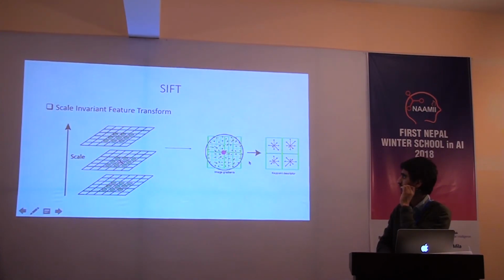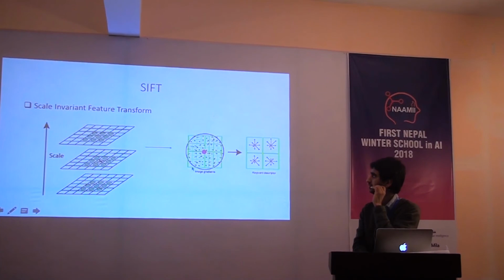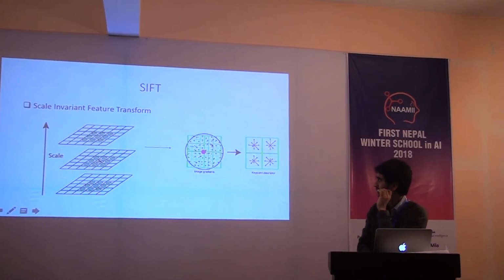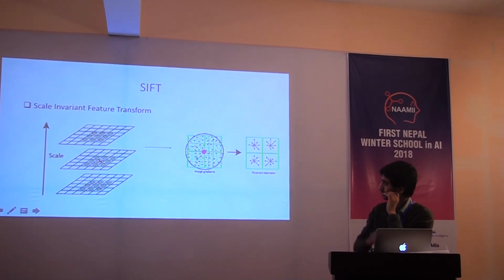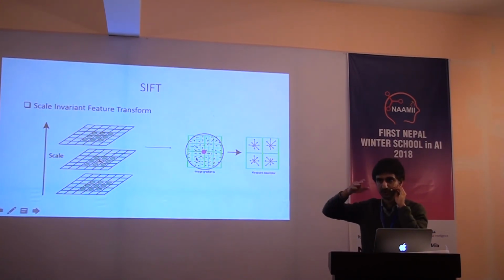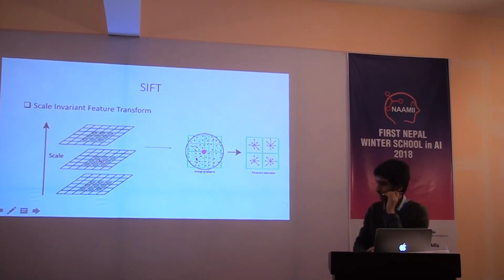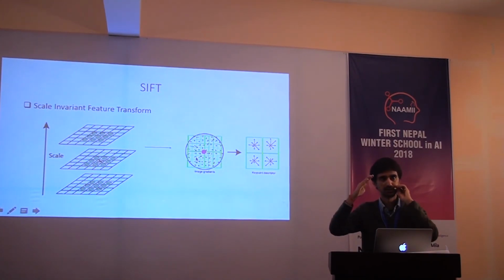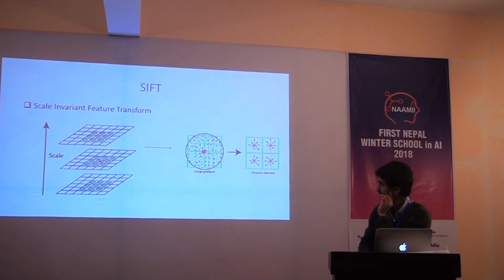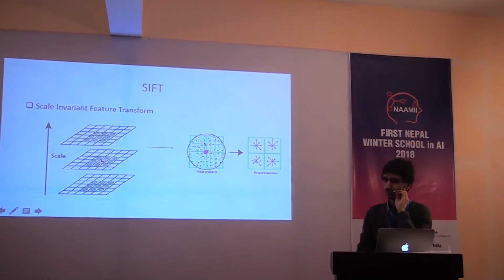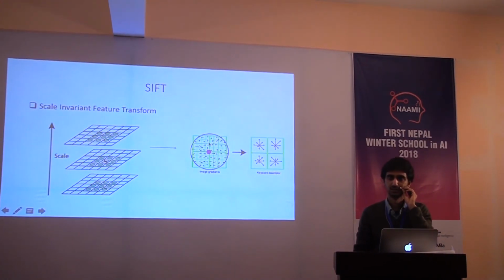So to extract features, you take a patch again around the point, then you compute image gradients. So here you have a 4x4 patch, and they are even segmented into more grids. And there on every patch, you compute the gradients of the image.